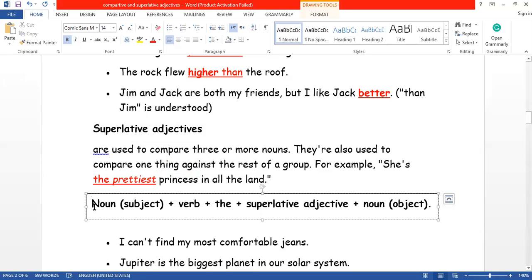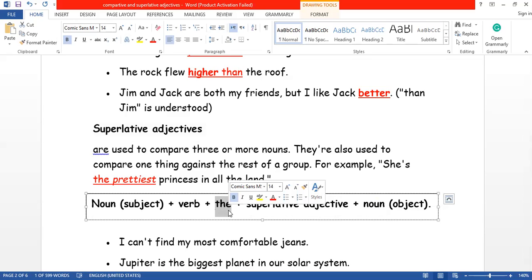So here, to form a sentence that has a superlative adjective, we have the noun, verb, the. Don't forget to use the before the superlative adjective. Okay, guys, don't forget that. The prettiest, the biggest, the saddest, the smallest, the tallest, the longest.